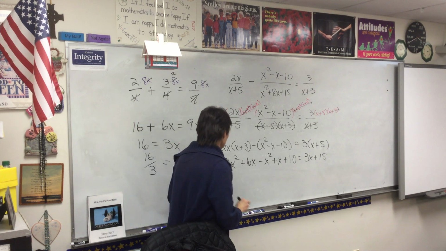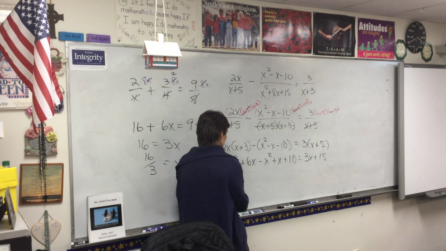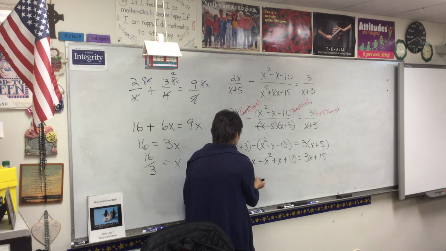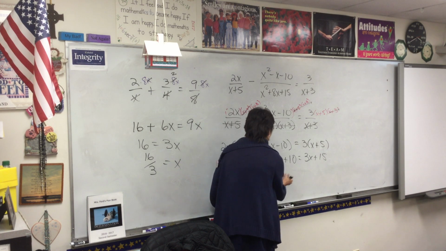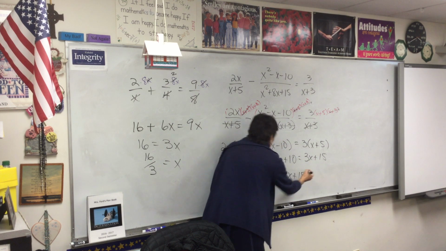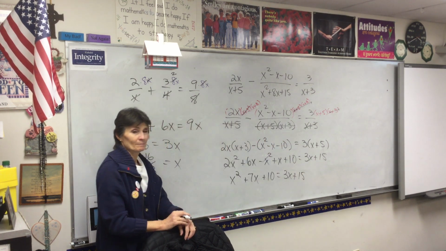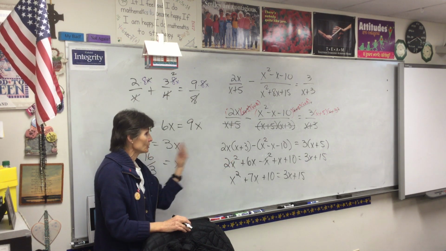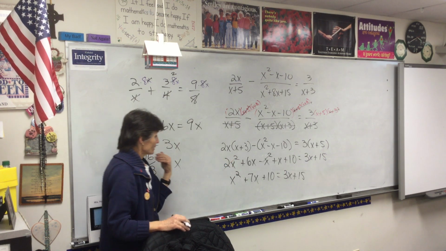Now let's clean it up. So x squared plus 7x plus 10. Okay, what do you have to do now? Factor the left. We're not doing any factoring until we get it set equal to 0. And subtract it.